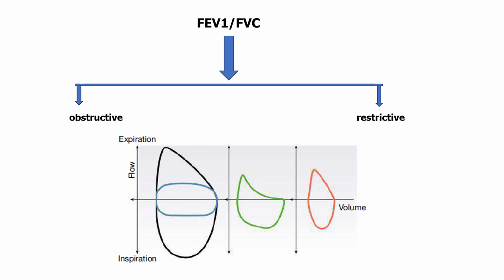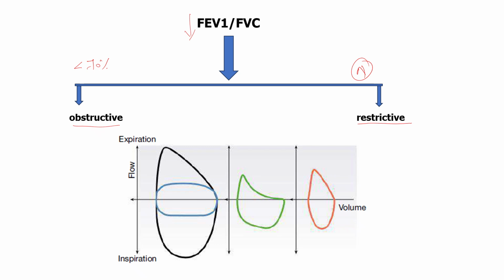See, if the FEV1 by FVC ratio is less than 70%, it is obstructive disease. And if it is almost normal, it is restrictive. In obstructive disease, what we are exhaling in the first second will be less than the total volume we have exhaled.